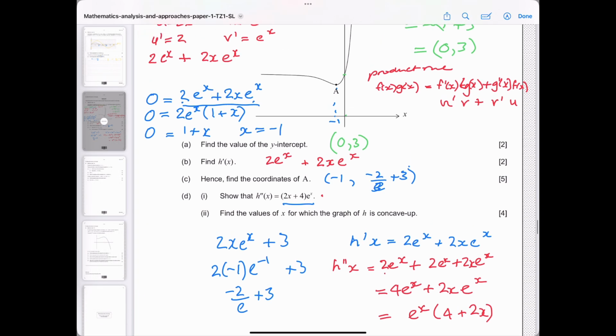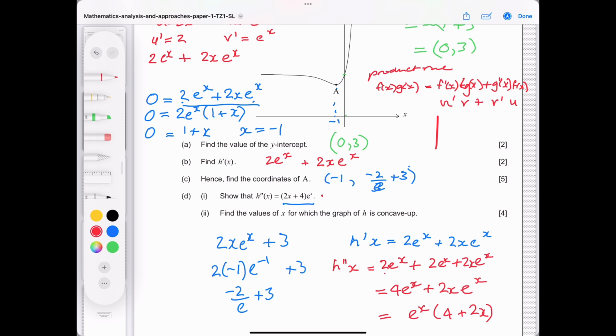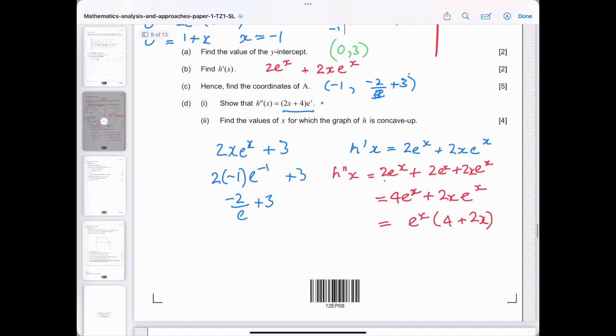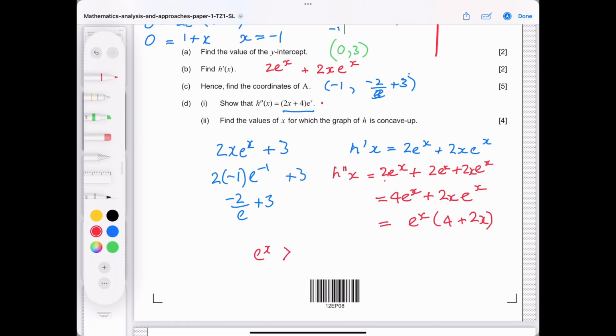So what is, find the values of x for which the graph of h is concave up. That means that either e to the x has to be greater than 0, or 4 plus 2x is greater than 0.